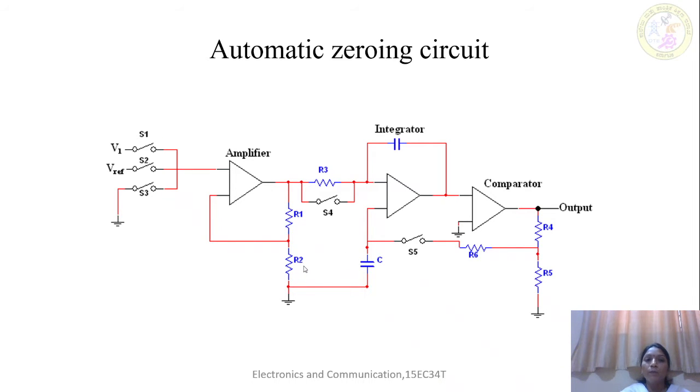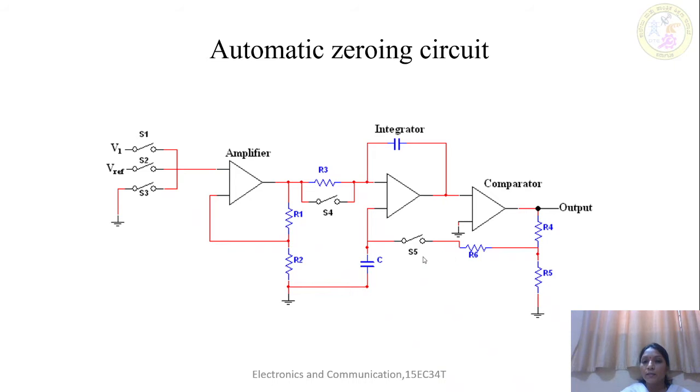For zeroing purpose, in this block we have used switches S3, S4, S5. If you close switch S3, all the inputs are grounded. If you close switch S4, the RC integrator circuit is grounded.